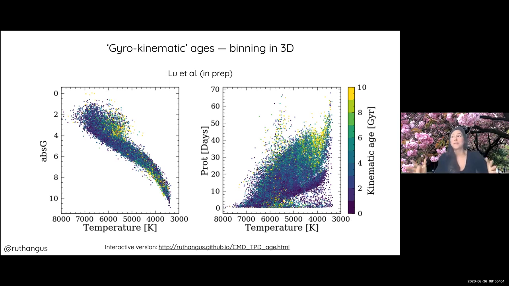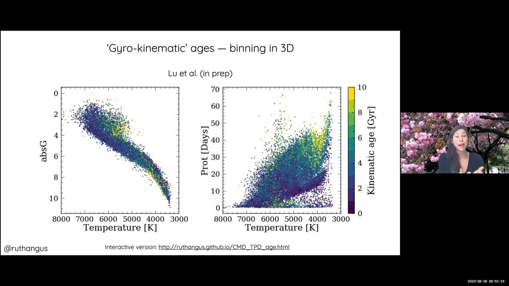So you've trusted me so far that these kinematic ages are accurate, but I can show you that they are. So we have compared these stars to a set of comparison stars which have ages measured through other methods.